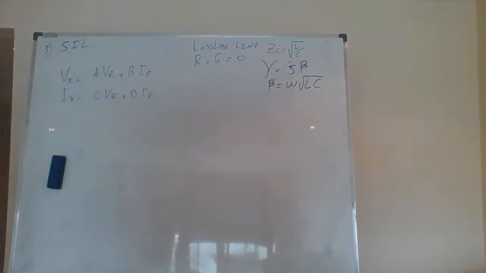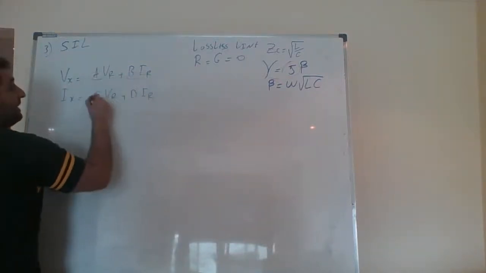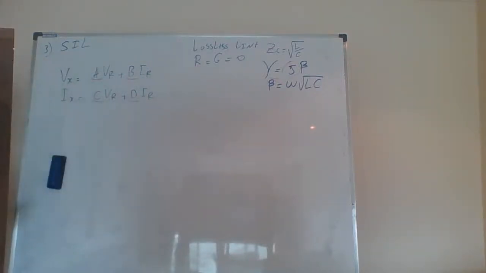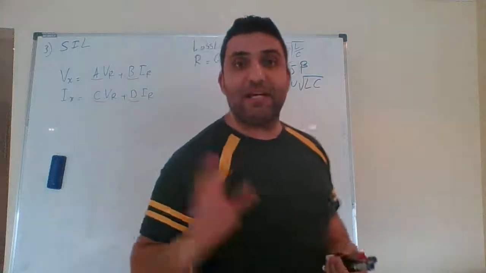For a lossless transmission line, I know the A, B, C, D values. Correct? Is that clear?